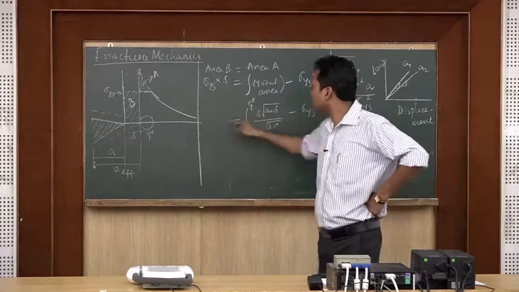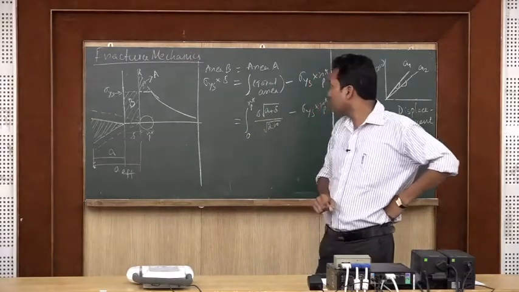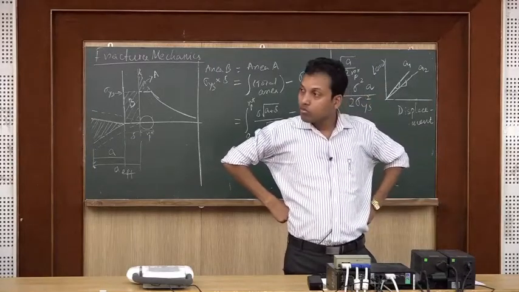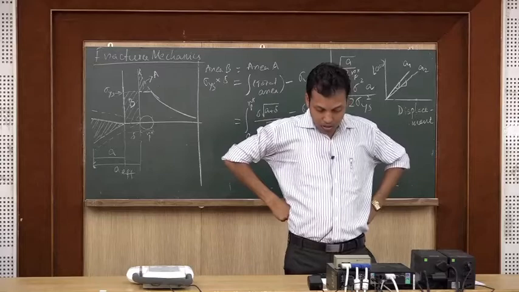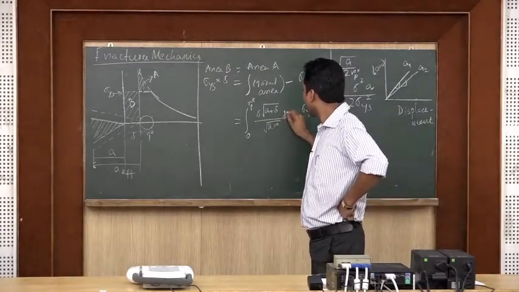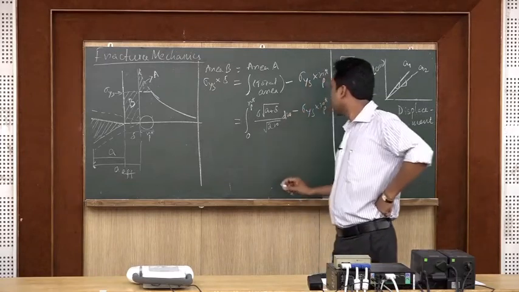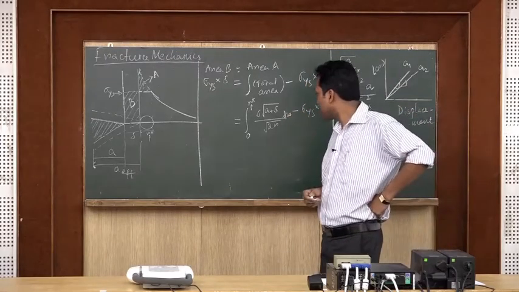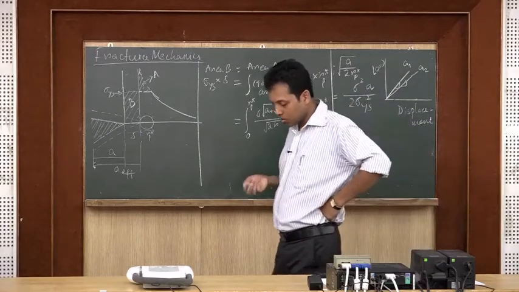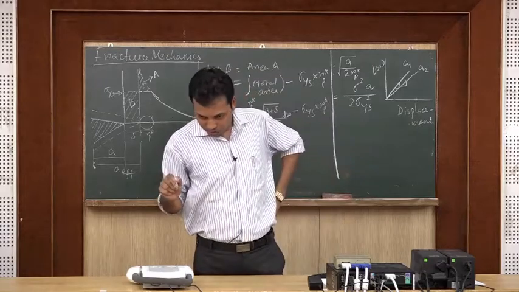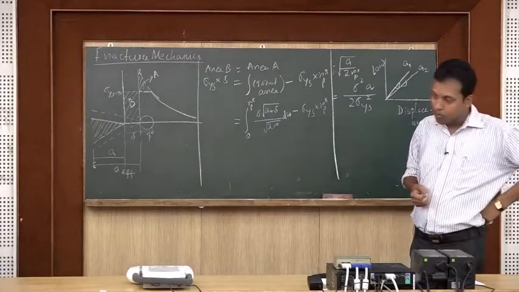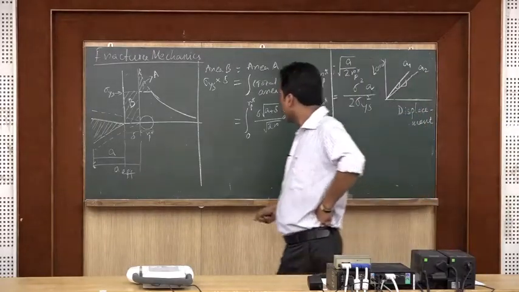Take this part here, rearrange sigma ys into delta plus Rp star, right side it will be 0 to Rp star, sigma root A plus delta by 2r, obviously dr you write, right, for the integration dr. So, that you do, what you will get, r to the power minus half plus 1 divided by minus half plus 1, that means root over r.